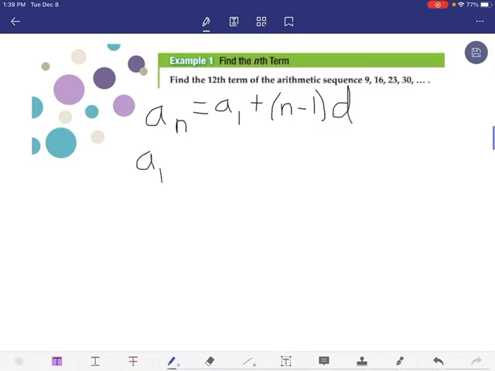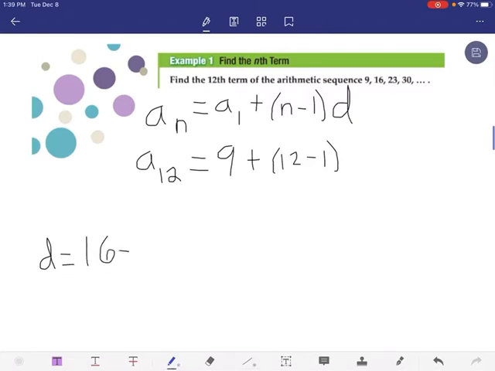And we can go ahead and fill in a lot of this. So we know that we're looking for the 12th term, so that would be a sub 12. We know that our first term is 9, and again we have a 12 minus 1, but we don't know what our d is. So remember that d is going to be that common difference.